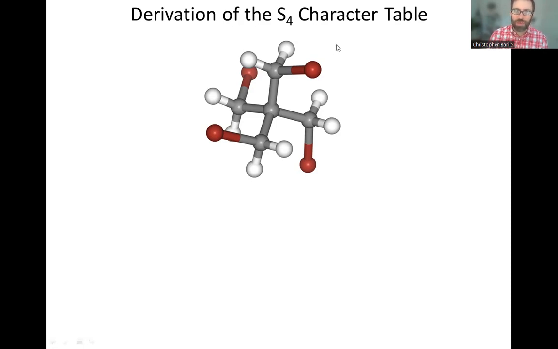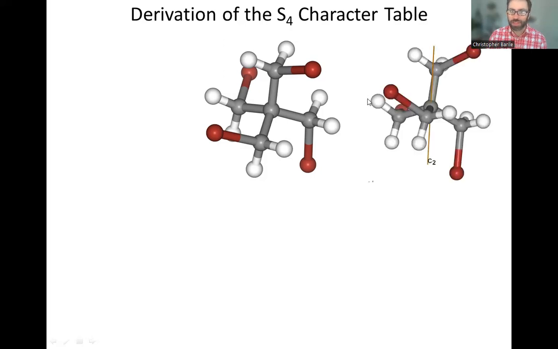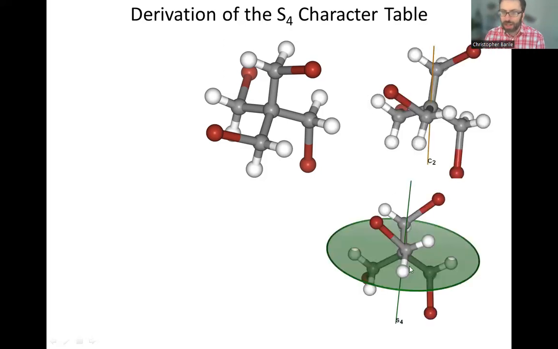But basically, as the name implies, the principal rotation axis is actually an improper rotation axis, and that's an S4. And so you can see that right here. And remember what an S4 is, we use the hat notation here to show that we're doing an operation and not a class.